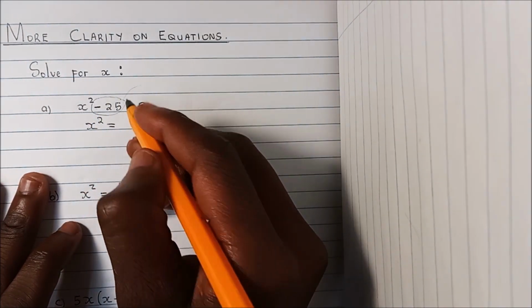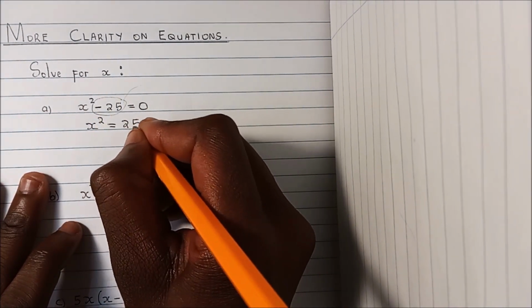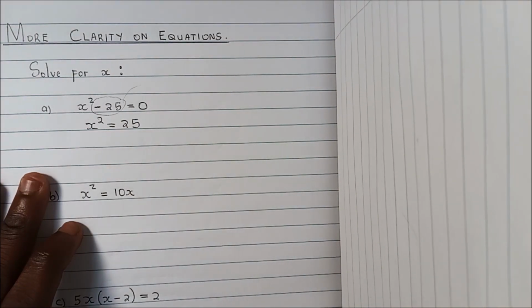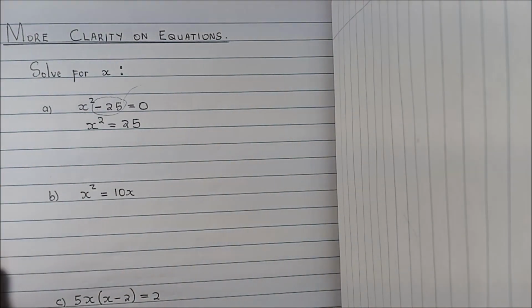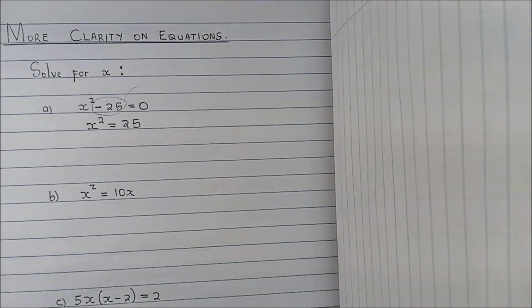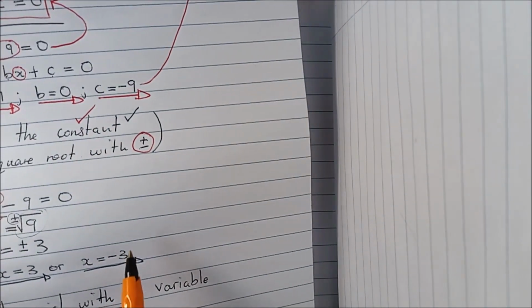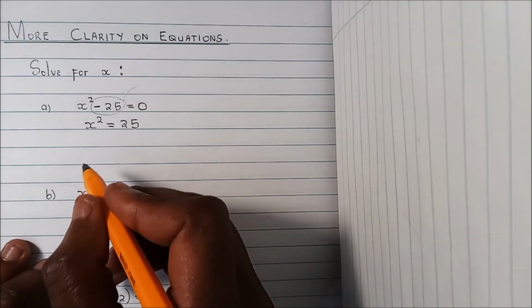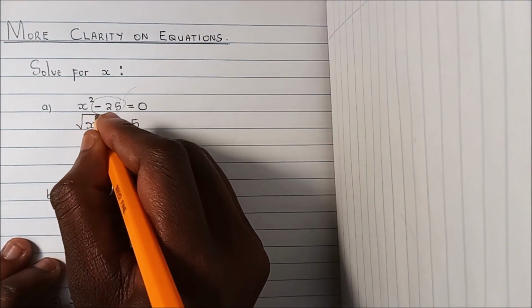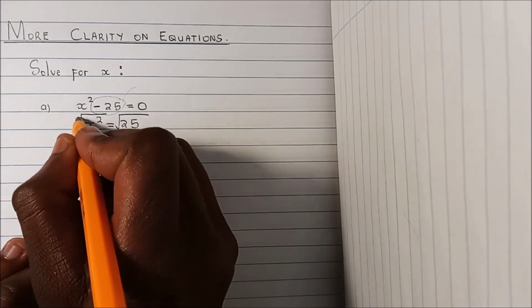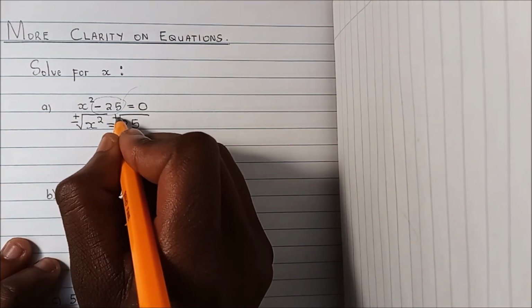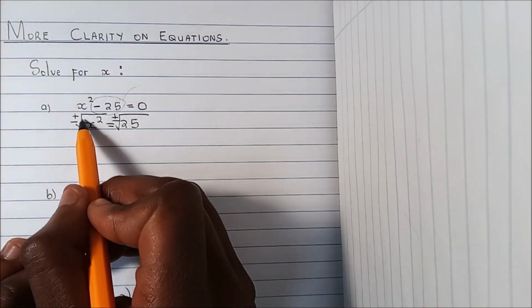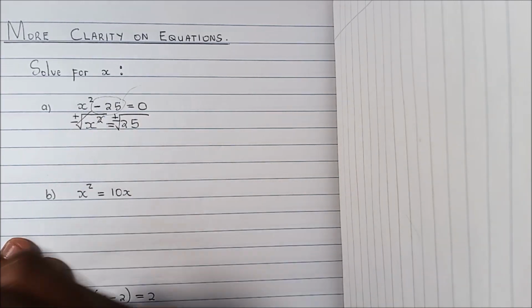If it goes to that side, it will be positive. So we have x squared equal 25. And then the second point was we take the square root with plus or minus. So we take the square root on both sides with plus or minus.